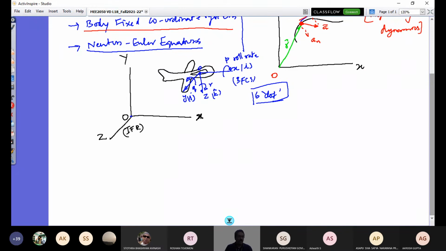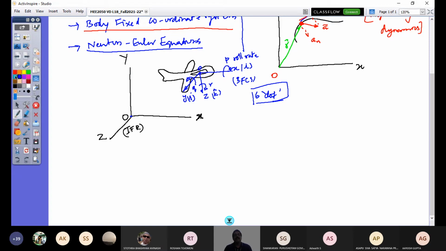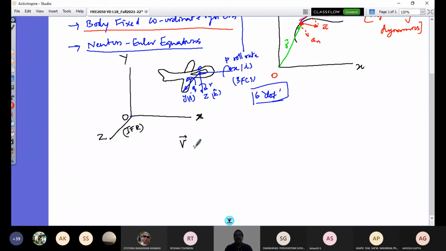What I'm going to do now is explain 2 important kinematic parameters. One is the velocity vector, another one is the angular velocity vector of this aircraft, with reference to the body coordinate system. So what are the two? One is the velocity vector.